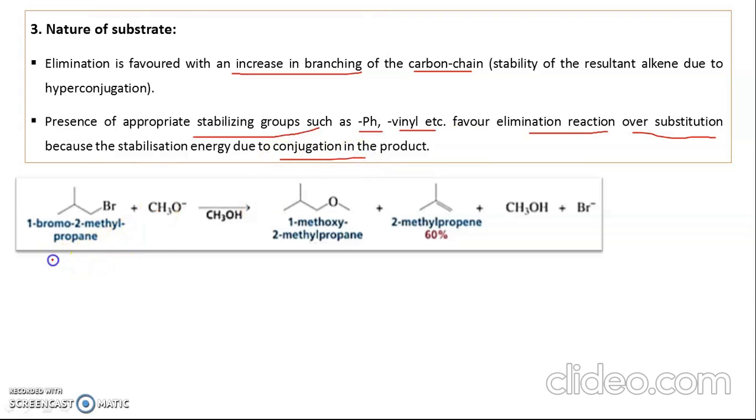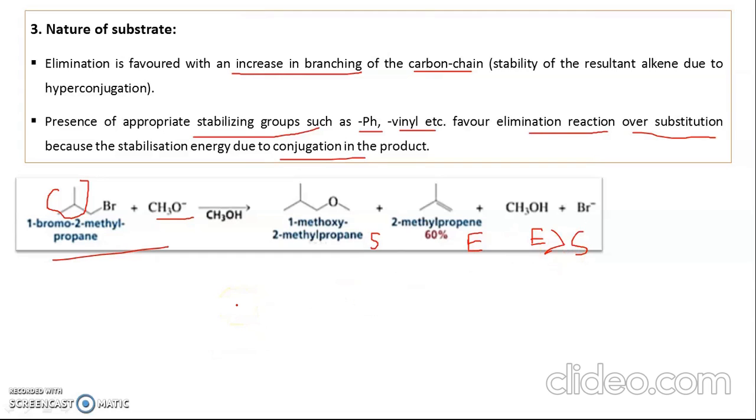So here we are using 1-bromo-2-methyl-propane and our base is methoxide. So this is a substitution product and this is an elimination product. Okay, so see here branching is very high, isn't it? This isopropyl group is present here. So that is the reason here elimination is more than substitution.